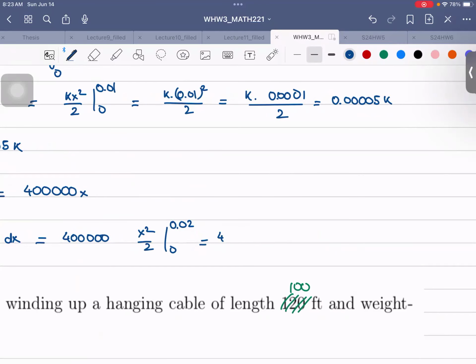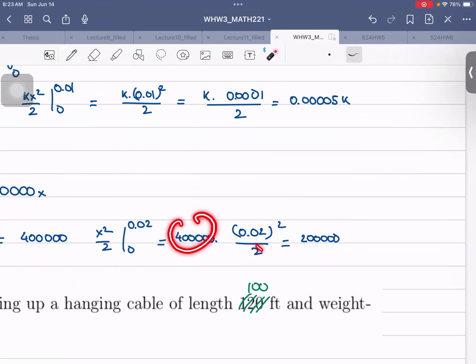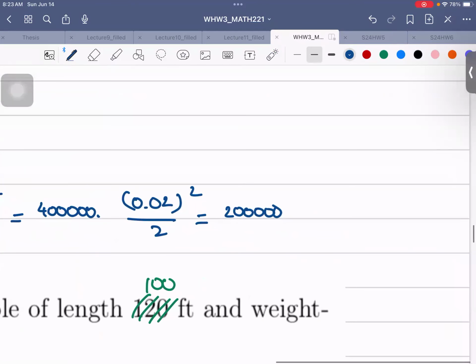Okay, so I have 400,000 multiplied with 0.02 squared divided by 2. So I have 200,000 because 400,000 divided by 2 gives me 200,000. And 0.02 squared gives me 0.0004.